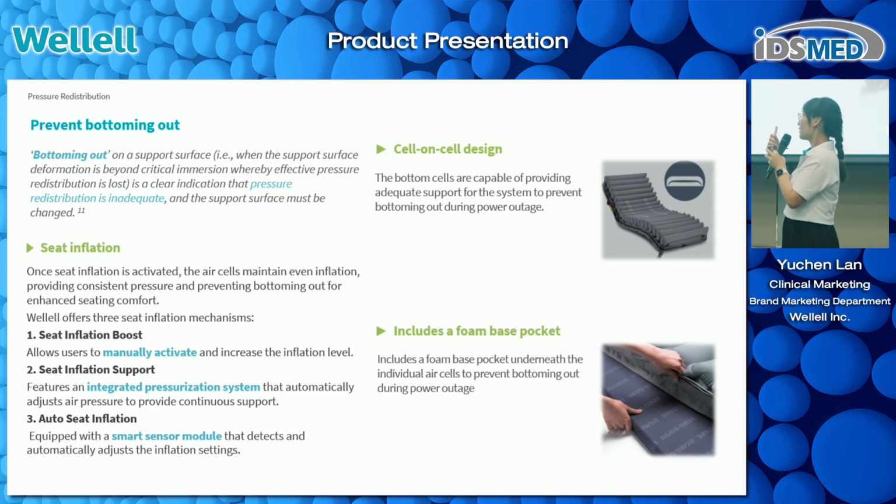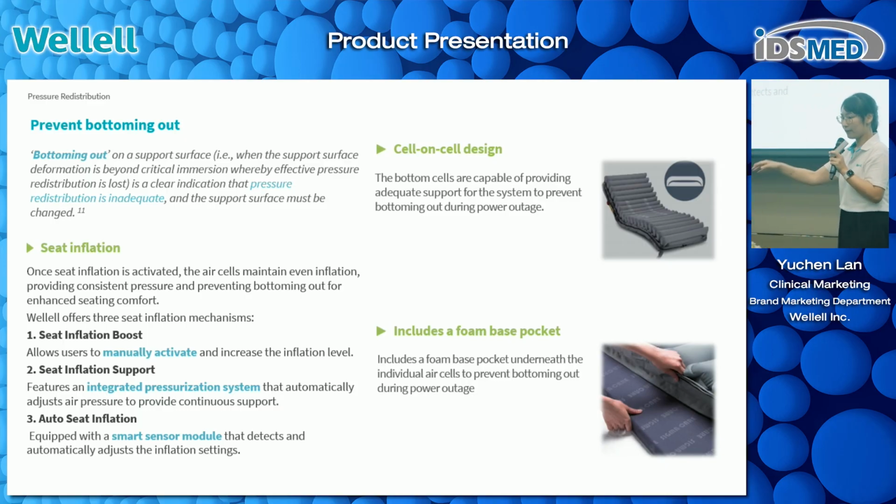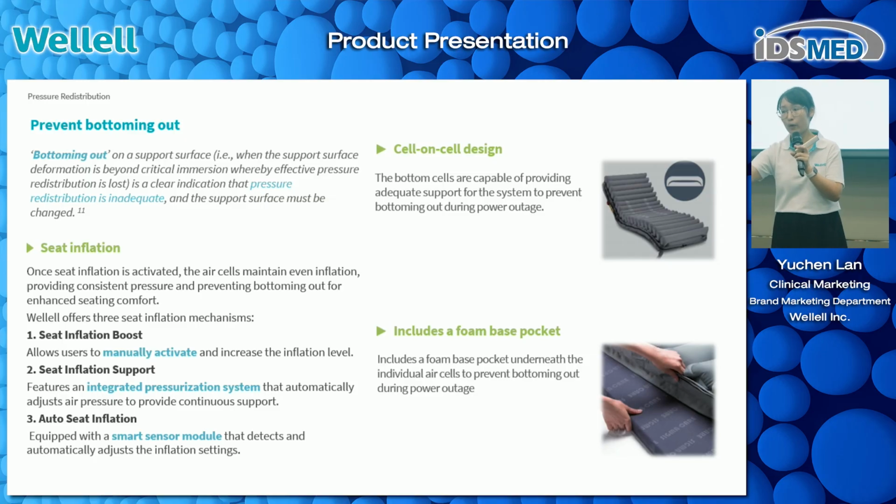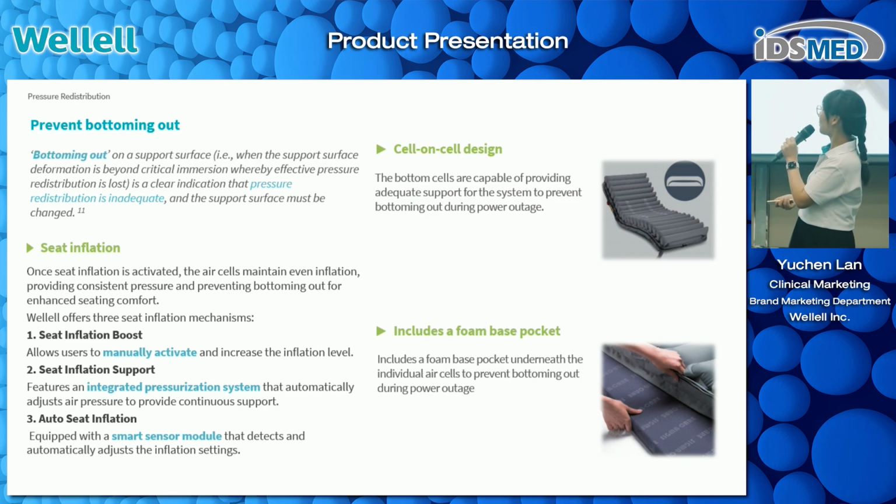If you see on the market, sometimes seat inflation you can manually select, like on the Optima Turn, later you can try it, you can manually boost it, or they have an auto sensor. They could sense when the bed head part is raised more than 30 degrees, then it automatically adds some pressure. So it is auto seat inflation, like this one. Okay, so these are some designs to prevent bottoming out.